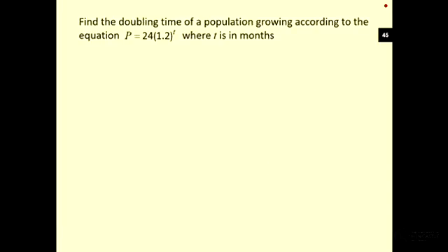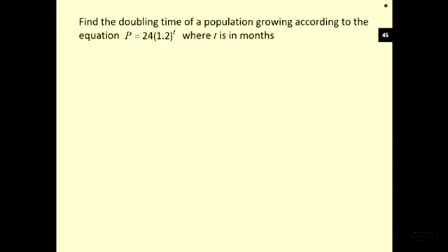Okay, here's another good predictable question. Find the doubling time of a population according to some equation. Well, I can't read it straight off, but again, doubling time is just saying twice what it was. The initial population here is 24. I can't be asked to find half-life here because it's not reducing, but I can get asked to find doubling time.